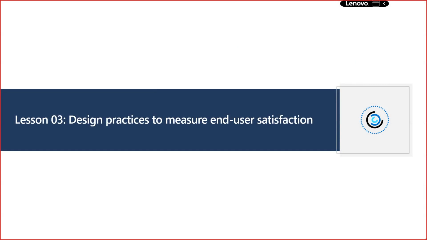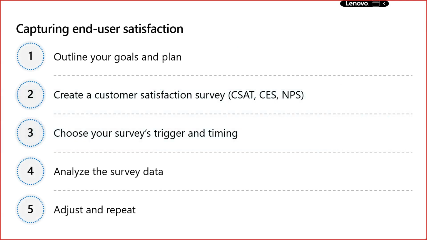Now we are going to understand about the design practice to measure user satisfaction. When you are asking for feedback from the user, we generally get different kinds of feedback. If you are going to get feedback from the customer, we can raise a survey with the customer and expect some feedback.